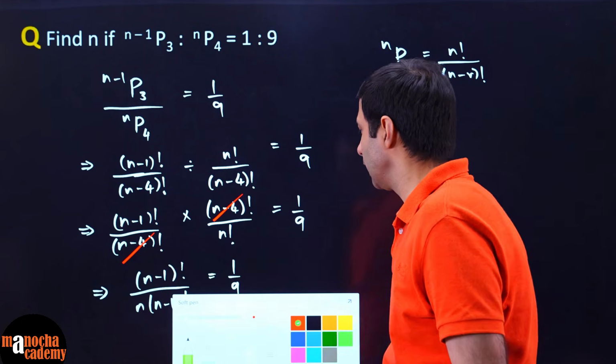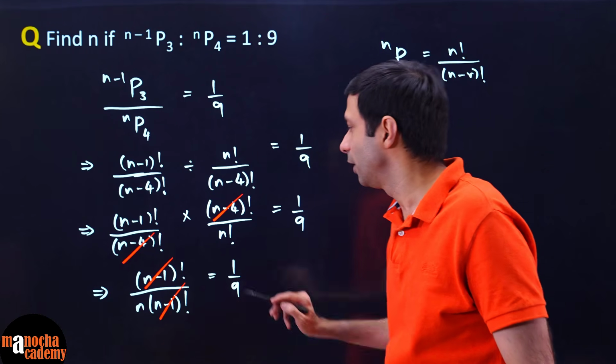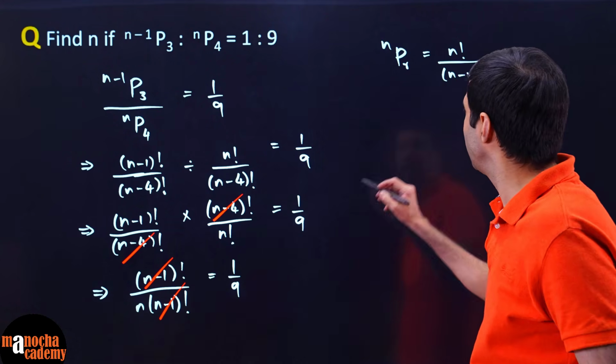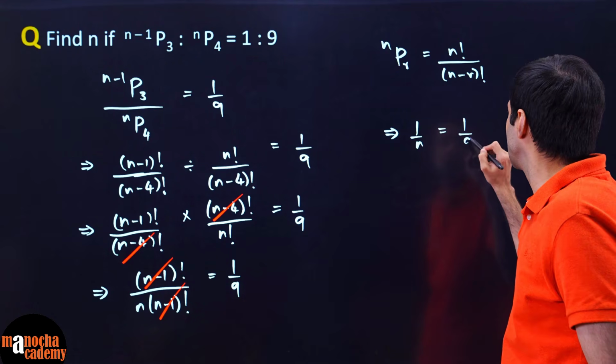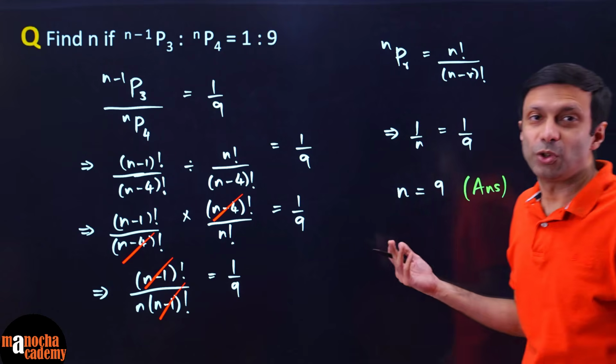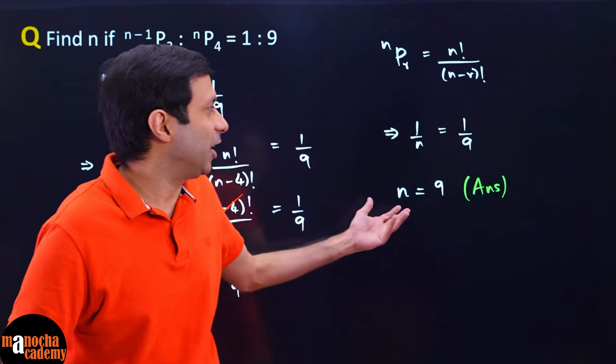Once again we can cancel the (n minus 1) factorial here. So what are we left with? We are left with 1 by n equal to 1 by 9. So the answer is so simple, n is simply equal to 9.